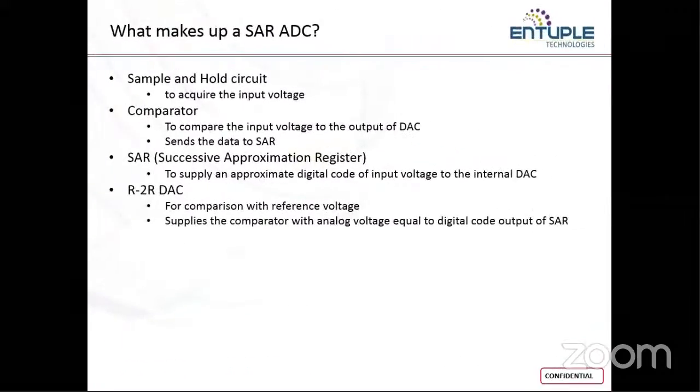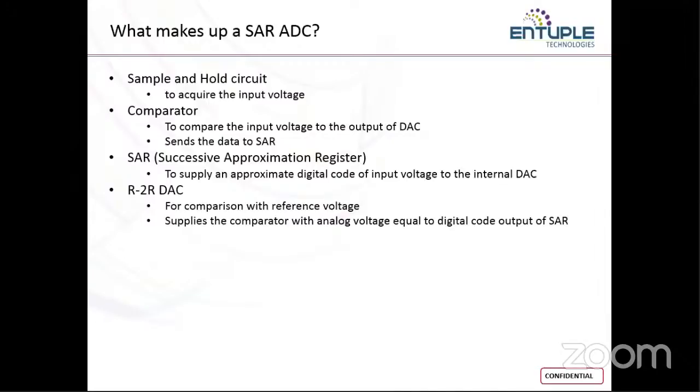The sample and hold circuit is used to acquire the input voltage. The comparator is to compare the input voltage to the output of the DAC, digital to analog converter, and it sends the data back to the successive approximation register. The successive approximation register is mainly to supply an approximate digital code of input voltage to the internal digital to analog converter.